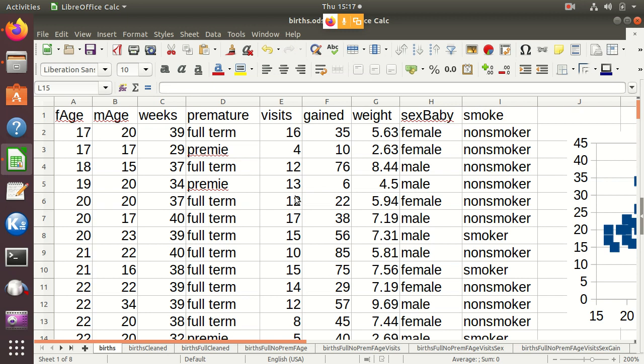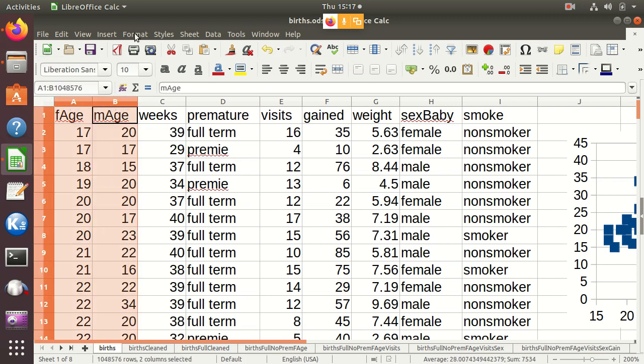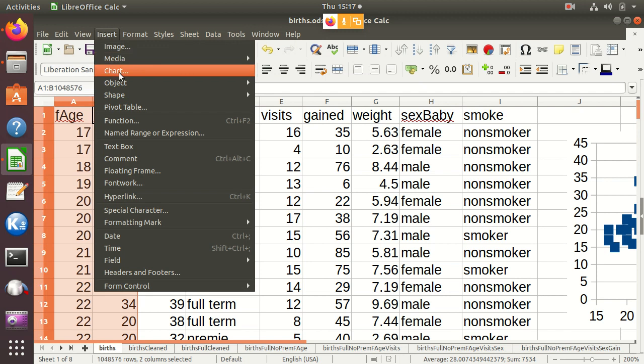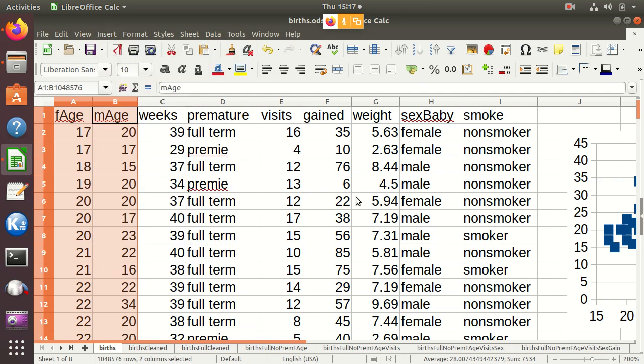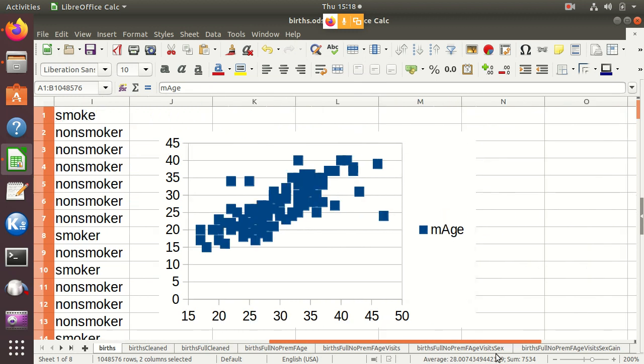And so we can do that, and what I did, I simply highlighted both columns, and I said insert a chart. Now I'm not going to do that at this point because I already made the chart. But notice the y variable here, the response variable, is the mother's age. The explanatory or predictor is the father's age.